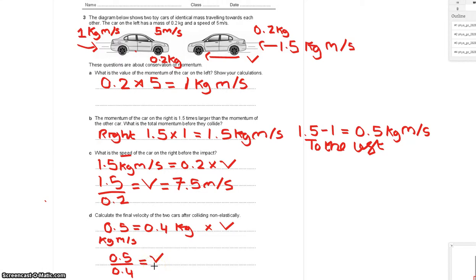And if I simply just put that in the calculator quickly, you'll get 1.25 meters per second, and as it's a velocity, you can say it's to the left.